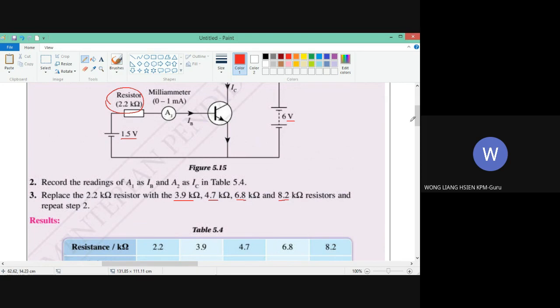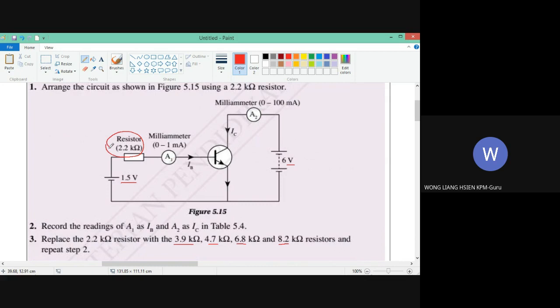That means we slowly increase the resistance here, and then we see what happens to the reading here and the reading here.